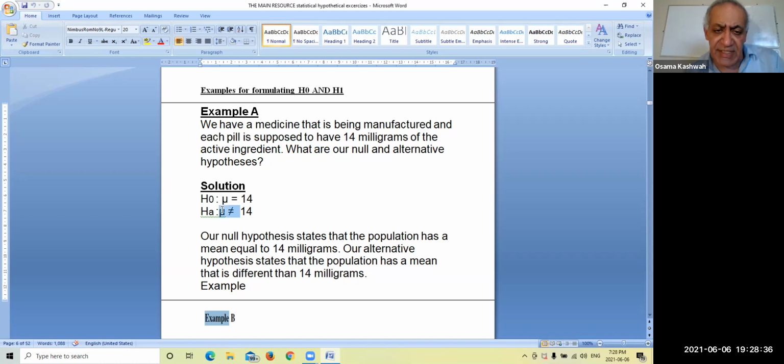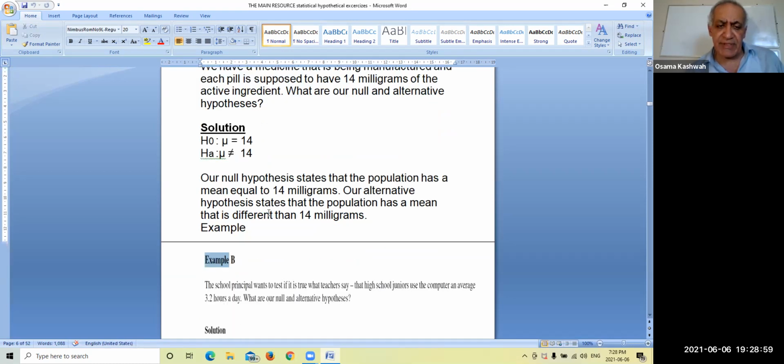Different means I will put not equal. The medicine is being manufactured and is supposed to have 14, so what are our null and alternative hypotheses? Is it different or not? Then I will put not equal. Mu will equal 14 under the null.